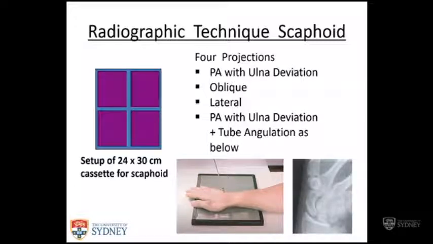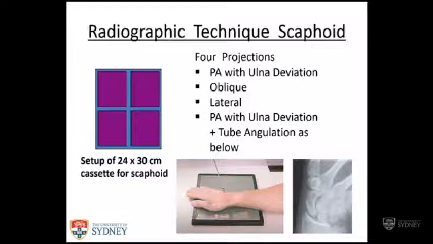So your first three projections are pretty much the same, apart from the PA with ulnar deviation. But your extra projection, and look, there are a range of extra projections, but the most common, I'm not going to give you all of them because there are several, and really almost everyone does this one. It's ulnar deviation plus tube angulation.